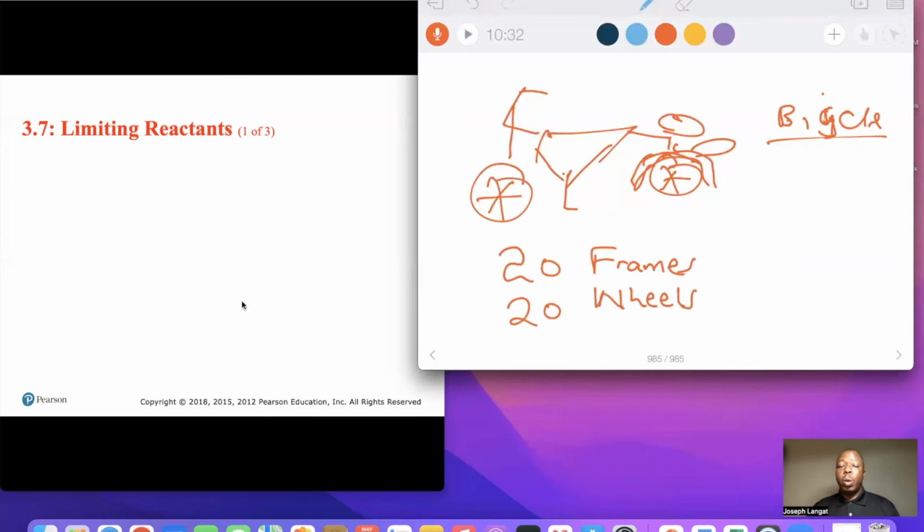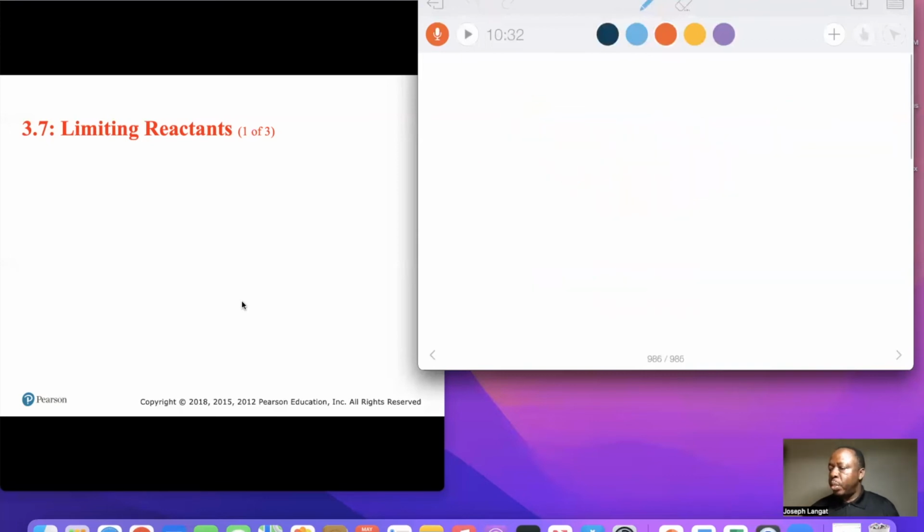How many bikes will we assemble? We are in a factory, assembling a bike. We have 20 frames and 20 wheels. You will notice that for every one bike, we need two wheels. So we will run out of wheels. That means we can assemble 10 bikes, right? There will be a leftover of the frames. We have excess of frames.